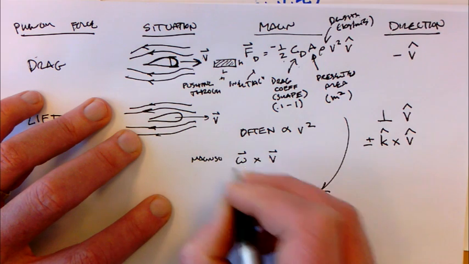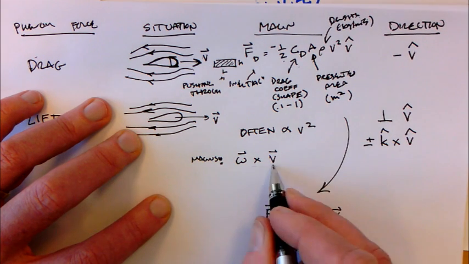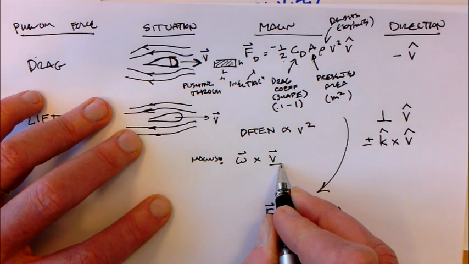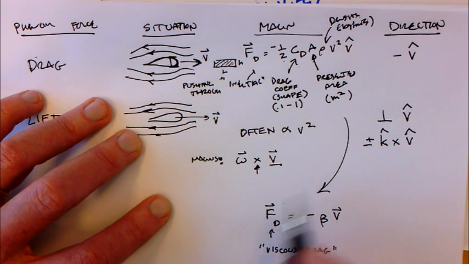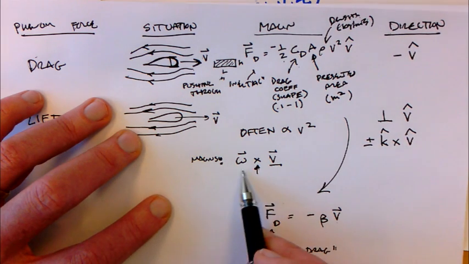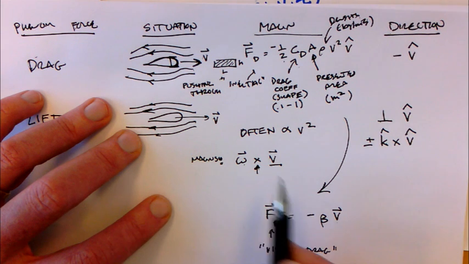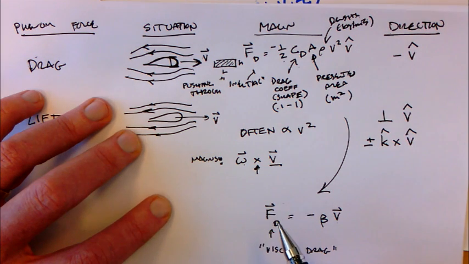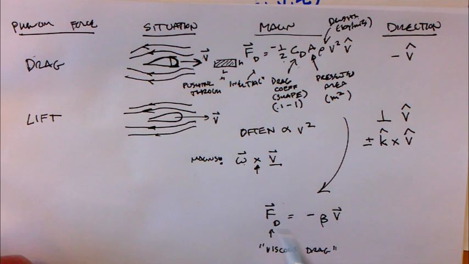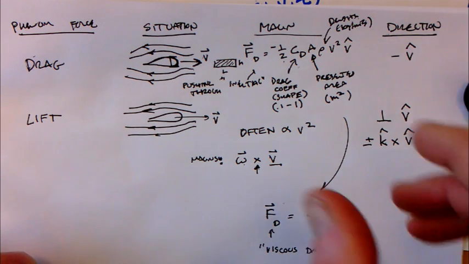So Magnus force would be an example of lift, and you can see this is going to be perpendicular to the velocity because of the fact that there's this cross product, and it also has a v squared dependence to it in that omega, the speed of the spin, tells you something about how fast the surface of the object is moving relative to the fluid. So that's lift and drag, mostly drag because I think lift is going to depend on the situation you're in a little more.